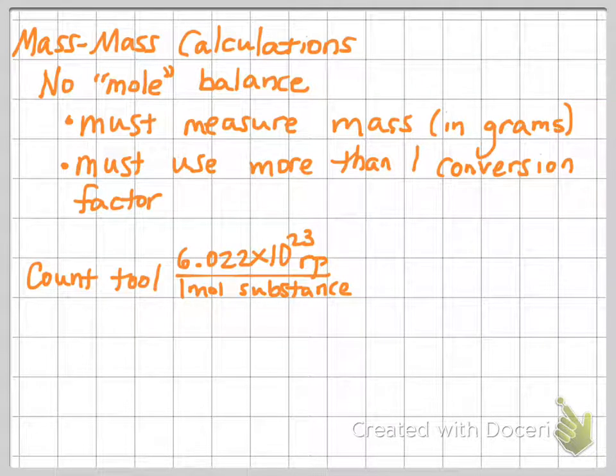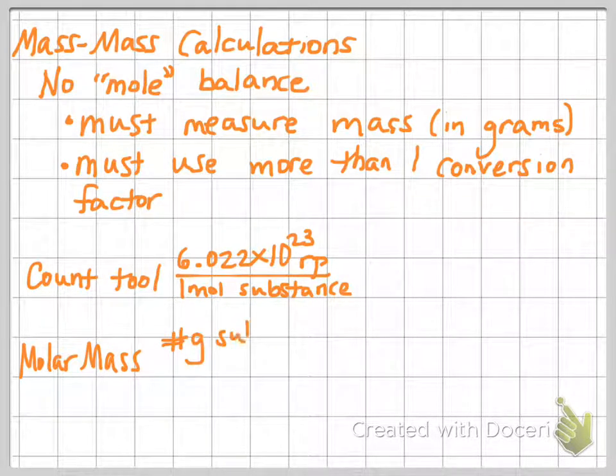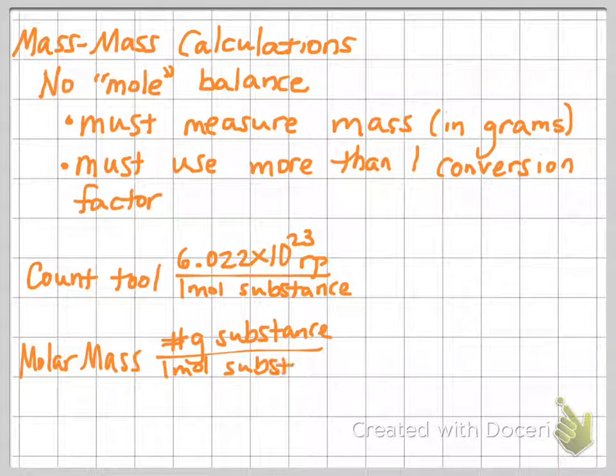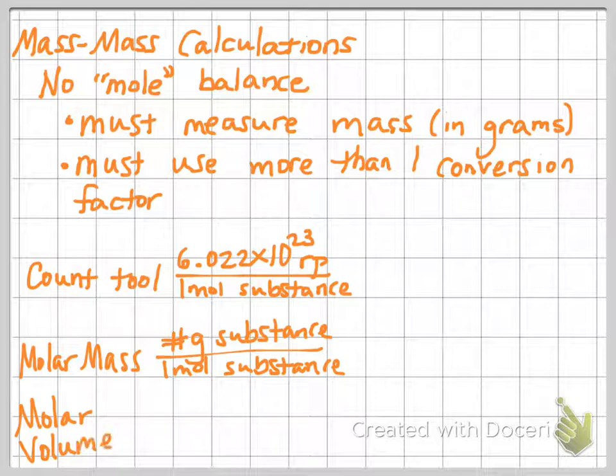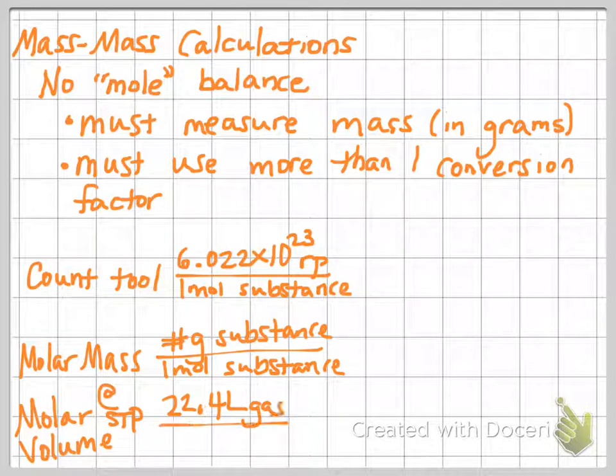Remember, we have our molar mass tool, which is some number of grams of substance over 1 mole of substance. We have our molar volume tool, and to use that one we have to be at STP, and that's 22.4 liters of gas over 1 mole of gas.